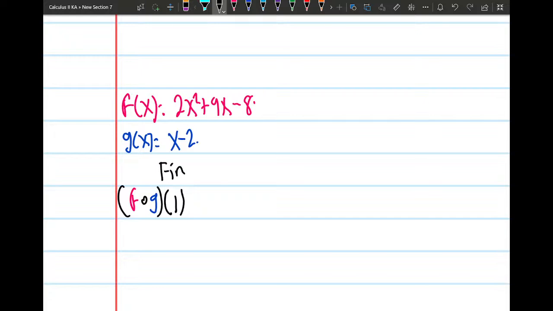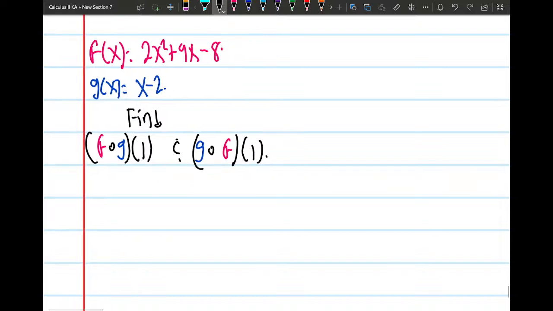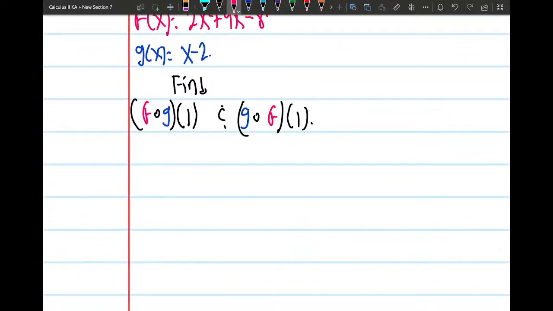So find f composited of g of 1 and g composited of f of 1. Okay, so we're basically going to do this exact same thing.